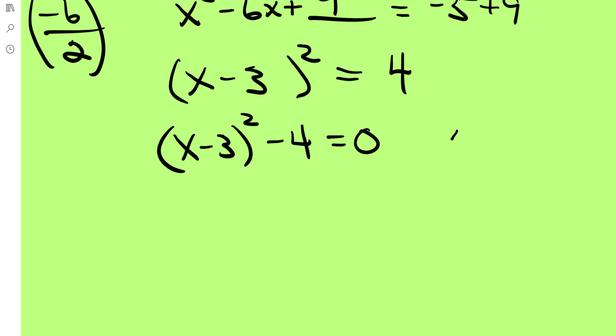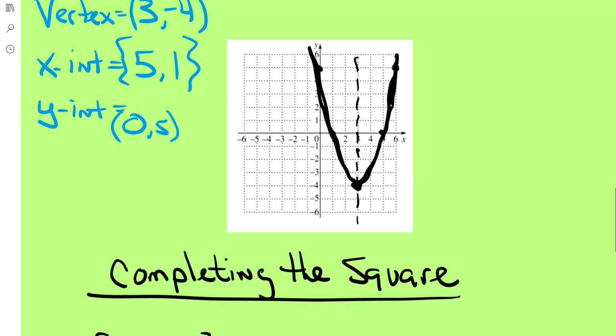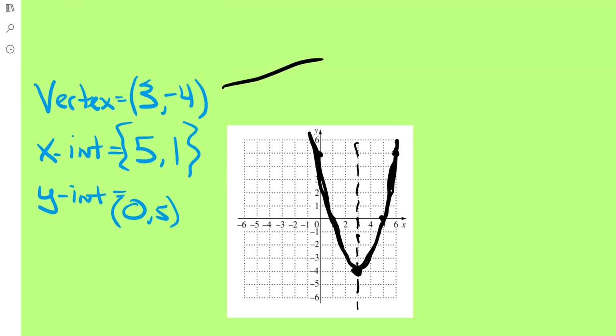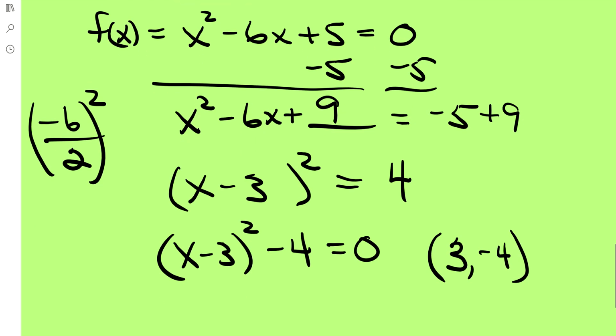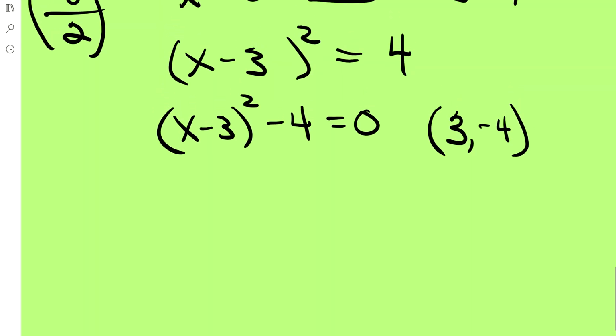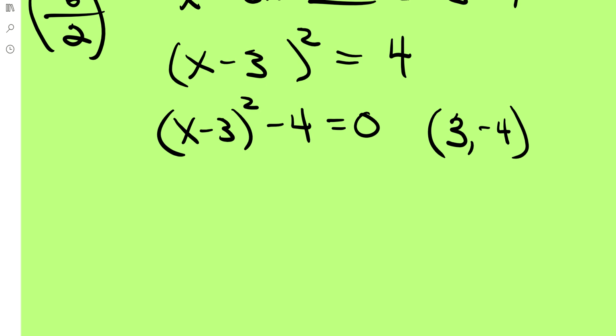That's my first component of the ordered pair, 3, and the negative 4 is negative 4. And this is the same vertex we had with the standard form method. So I completed the square, and leaving it in the binomial squared form, I get 3, negative 4.